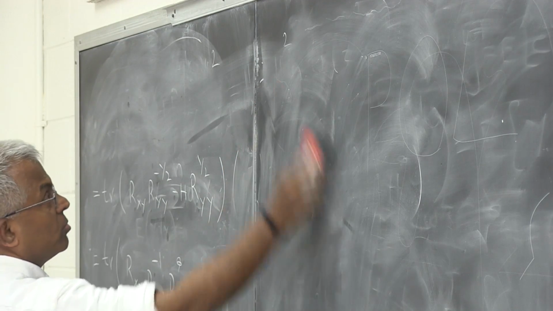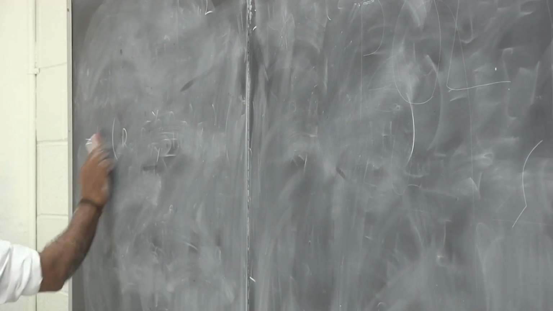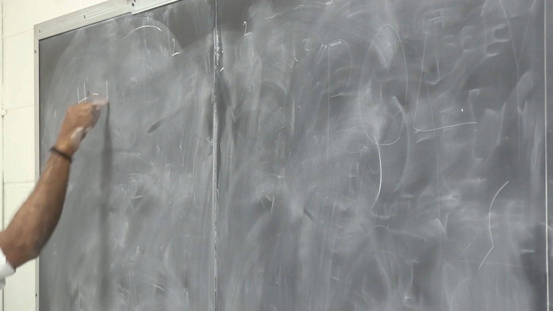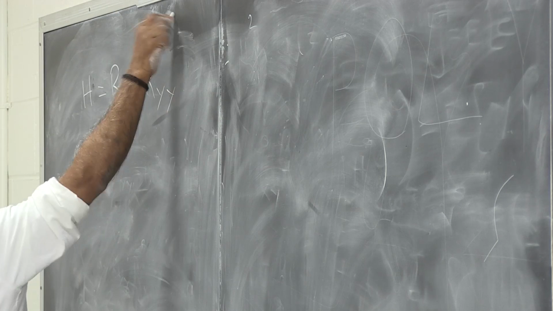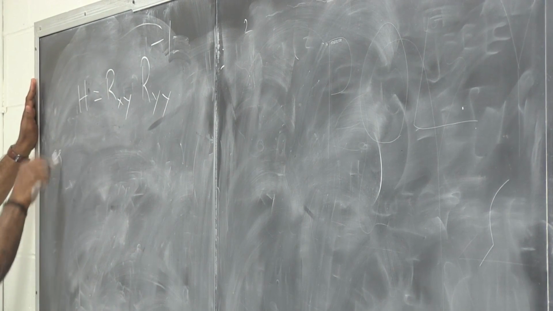I'll quickly do 2 simple cases and then we will stop this. So the best estimator is H equals Rxy Ryy inverse. So let's do example 1.